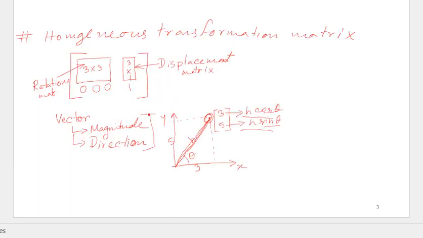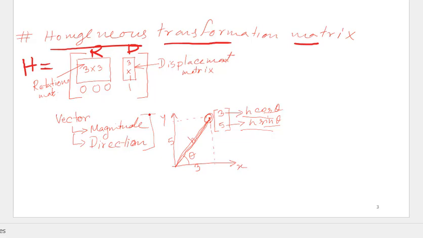And here is the homogeneous transformation matrix. If you consider it denoted with H, it consists of the rotational matrix and the displacement matrix.